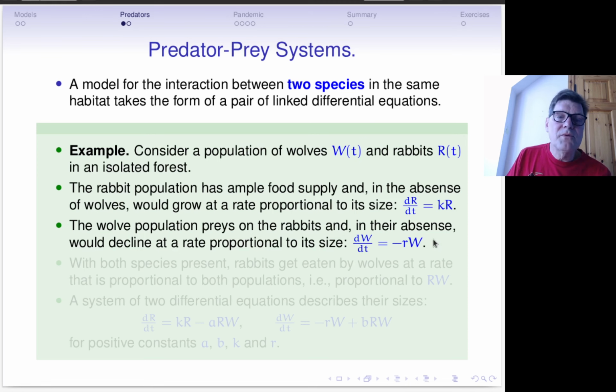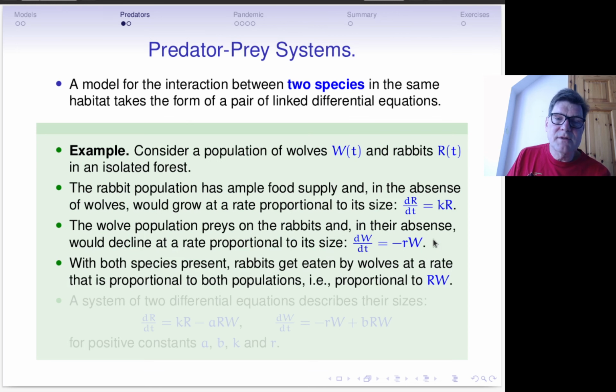Now, with both species present in the forest, the rabbits get eaten by the wolves, and the wolf population grows as an effect of this, and the rabbit population doesn't grow as fast anymore.